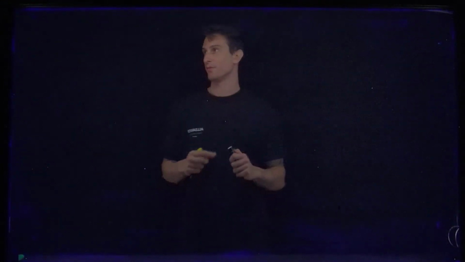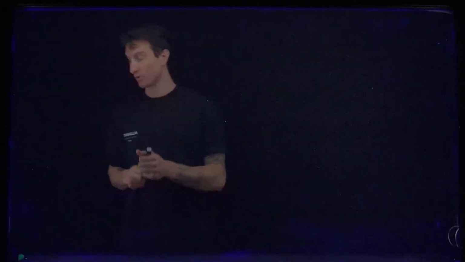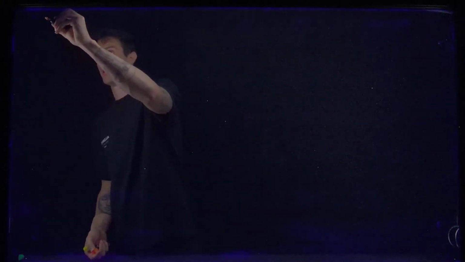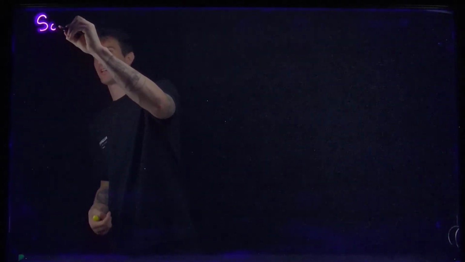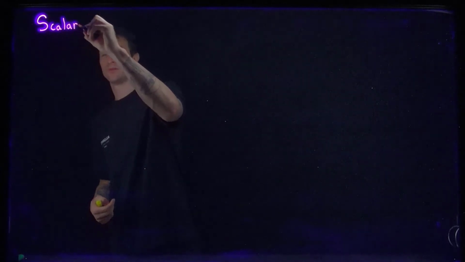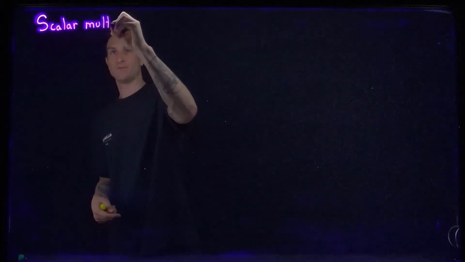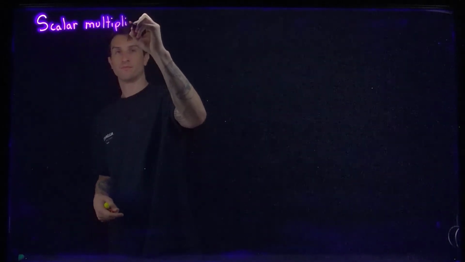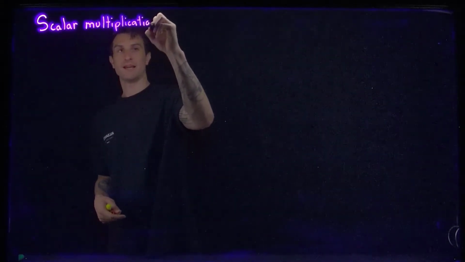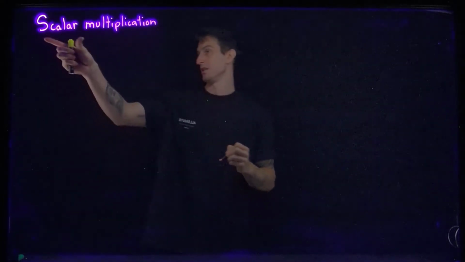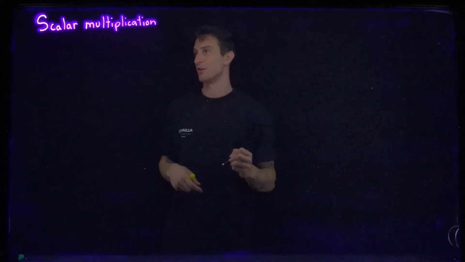Welcome back for a section on scalar multiplication with vectors. So we'll just say scalar multiplication, another very intuitive operation. And I'm going to use some math notation here and I'll walk you through it.